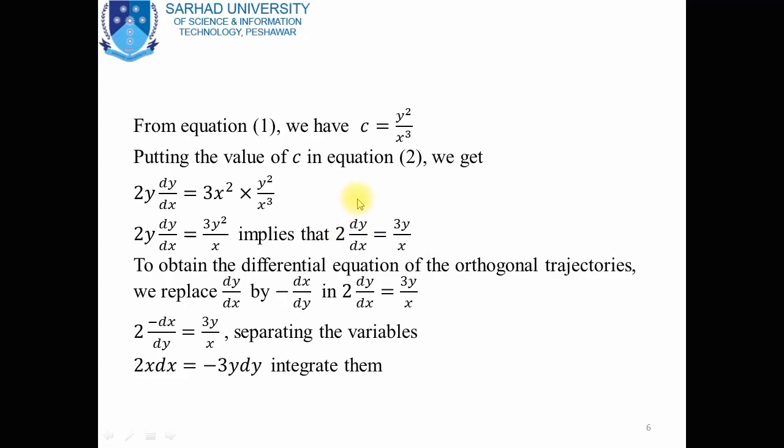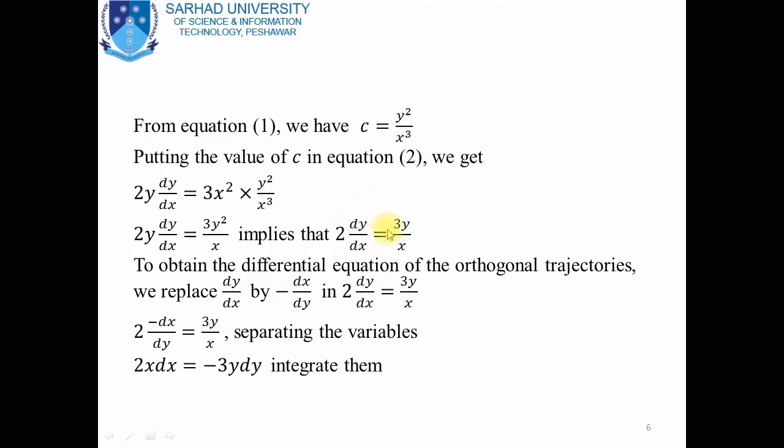Now we are trying to solve this differential equation. How to solve this differential equation? Dear students, note that this differential equation can be easily solved by separation of variables, but we want to find the differential equation of the required orthogonal trajectory. We do not need to solve this differential equation actually.